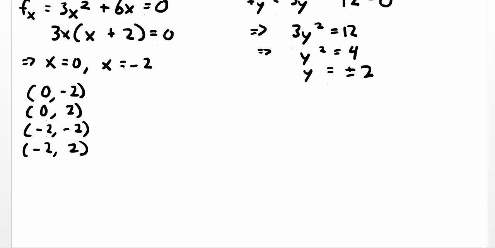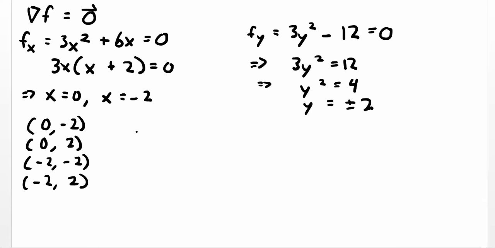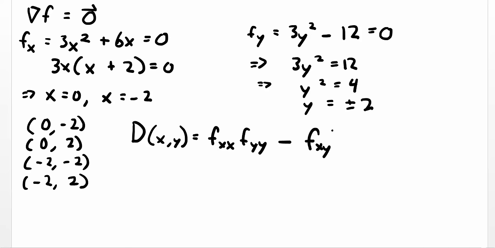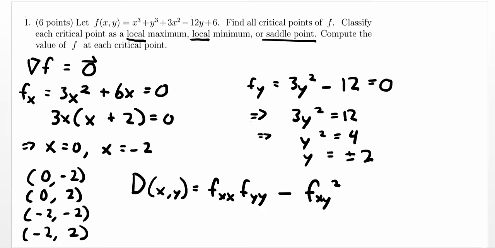So let's calculate next the discriminant. Remember, the discriminant is a function of x and y. And it's defined by the second partial with respect to x times the second partial with respect to y, and we're going to subtract the mixed partial derivative squared. Let's go through and calculate that here.